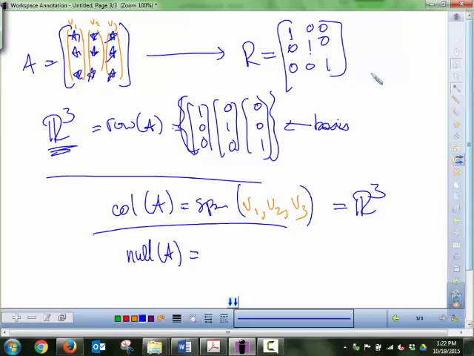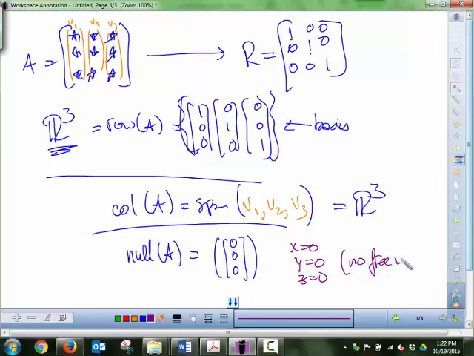I say, oh, z must equal 0. x must equal 0, y must equal 0. Let me say that again. x must equal 0, y must equal 0, z must equal 0, no free variables. And all this is obtained from your reduced matrix.